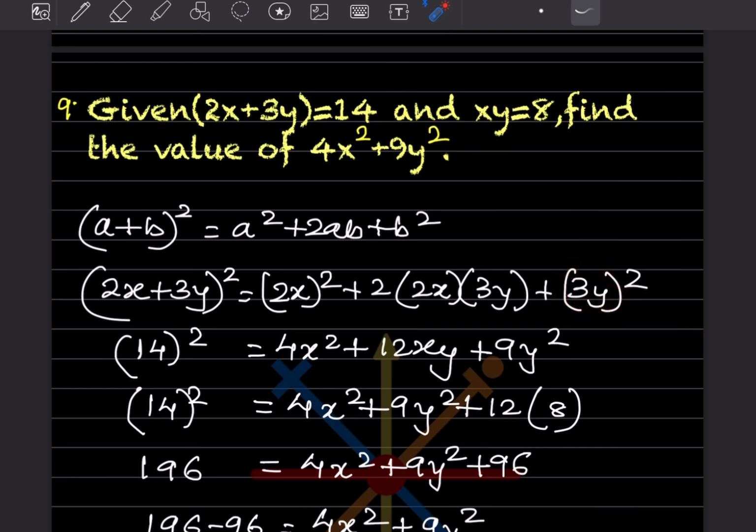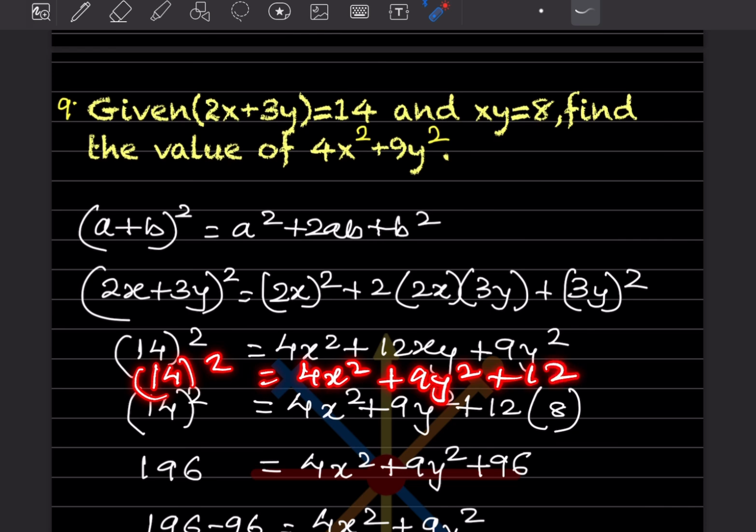Now 2x plus 3y is given as 14, so 14 square is equal to 4x square plus 12xy plus 9y square.